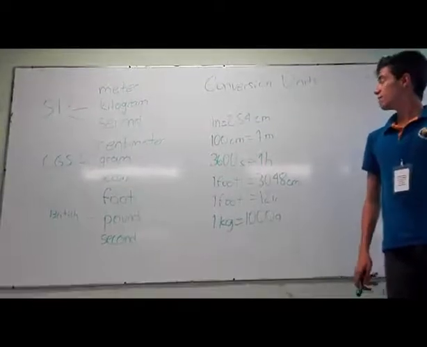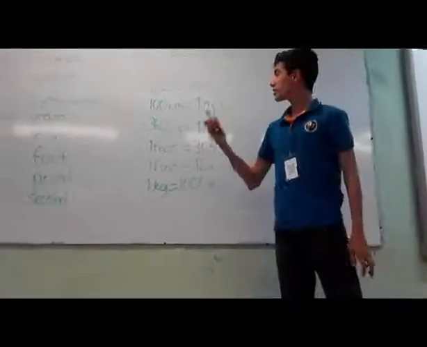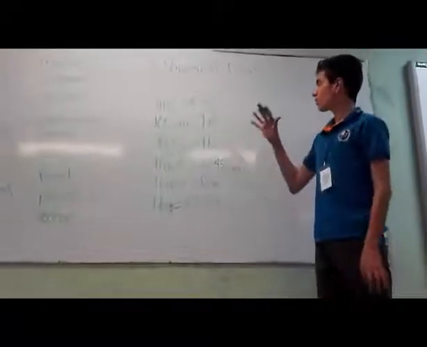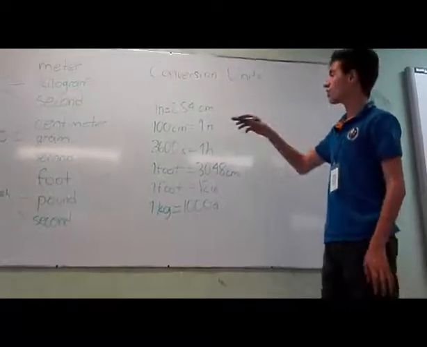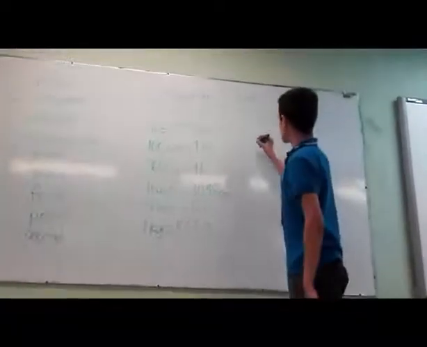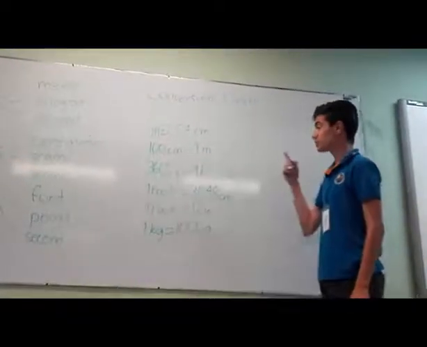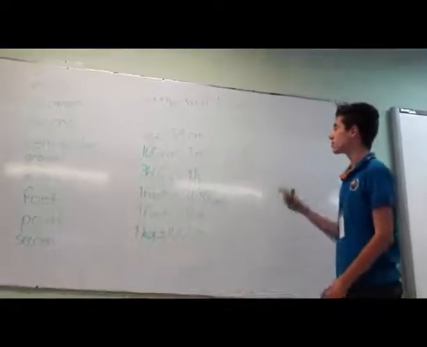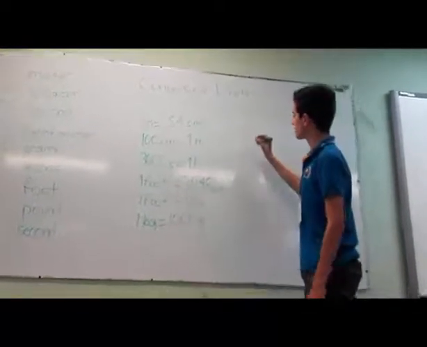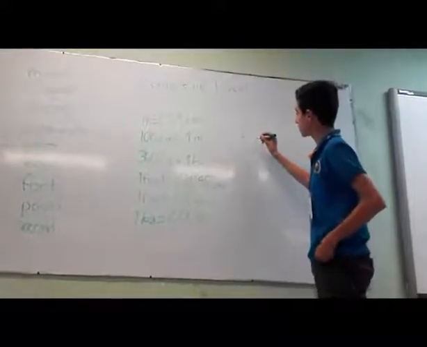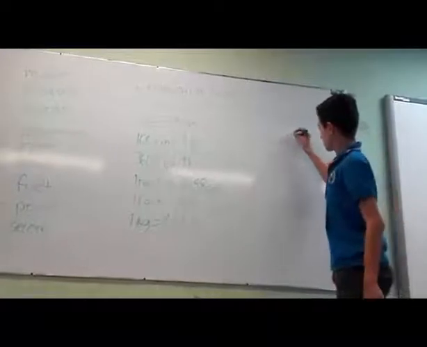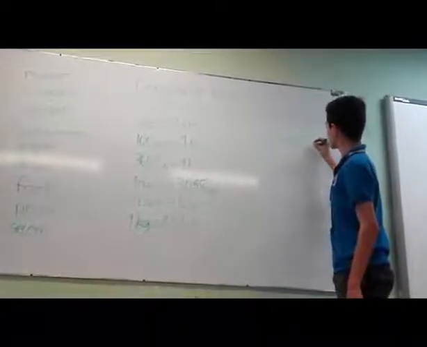Conversion units. And in the conversion units, we can see the equivalences that we use to transform one unit to another unit of other system. For example, if we have 2 meters, we have to use this equivalence to convert meters to centimeters. So we have 1, this is by 2, and we multiply it by 1. So we have 2 centimeters.